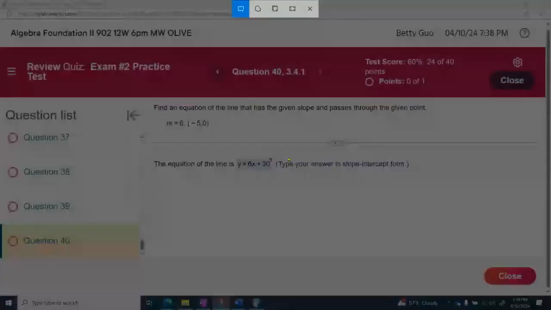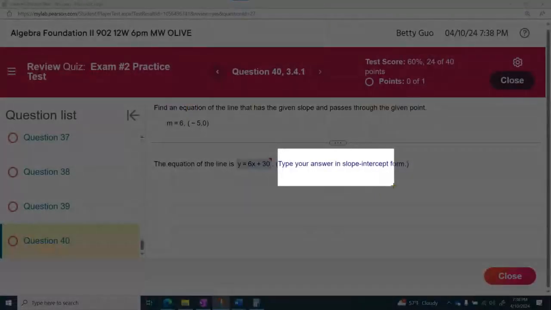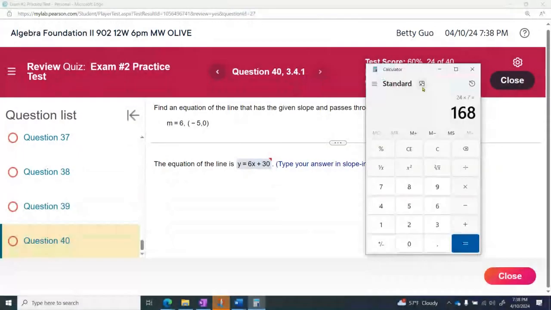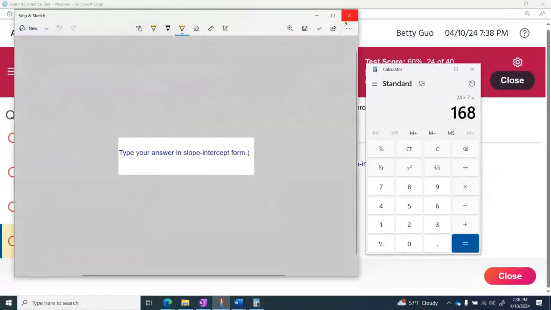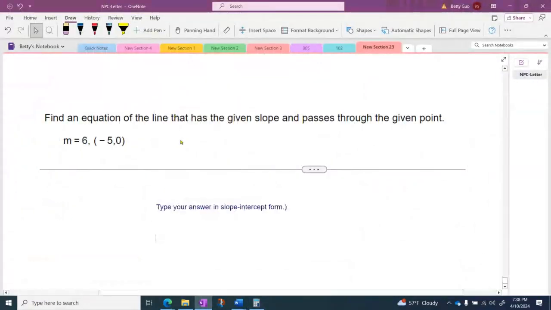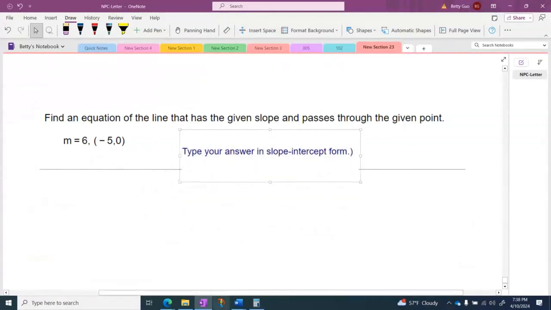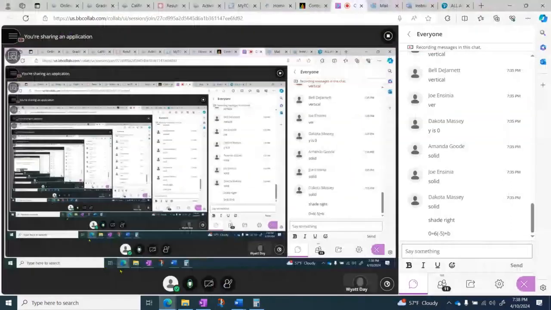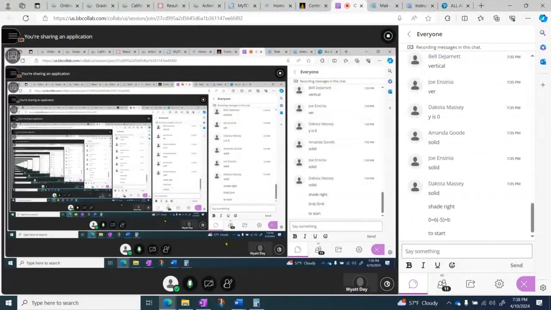Type your answer in slope-intercept form. That's something we need to follow. Slope-intercept form. Slope-intercept form. Okay, yeah, to start.